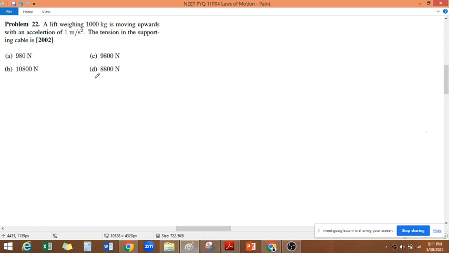A lift weighing 1000 kg is moving upwards with an acceleration of 1 meter per second square. Find the tension in the supporting cable. Same old diagram. Tension is what is asked, 1000 kg, so mg is given. Acceleration upwards, so a is equal to 1 meter per second square.